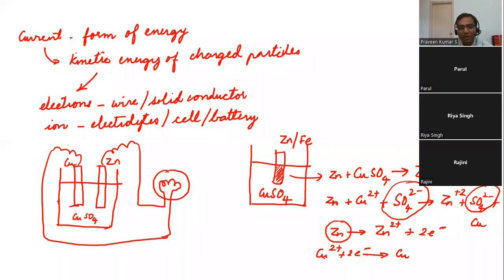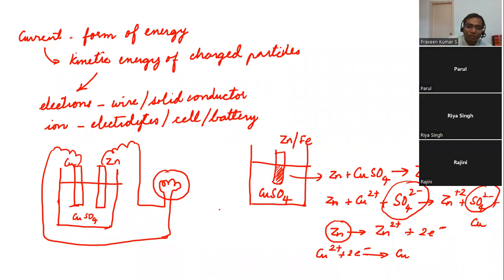Similarly, copper, which was already an ion, has two positive charges. If it was to become neutral, then it has to take two electrons. So what does this mean? The zinc is giving away two electrons, copper is taking two electrons. Am I right?